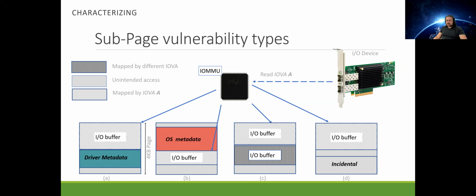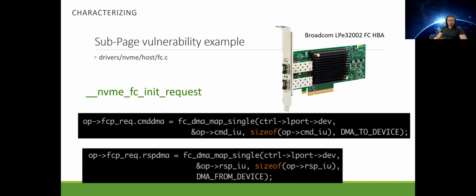So let's look at an example of how subpage vulnerabilities can cause a problem. We take an example from the NVMe Fibre Channel device driver. One example is a Broadcom Fibre Channel device. When a request is initiated, when the host wants to read something from a storage device behind the NIC, it will create a command.